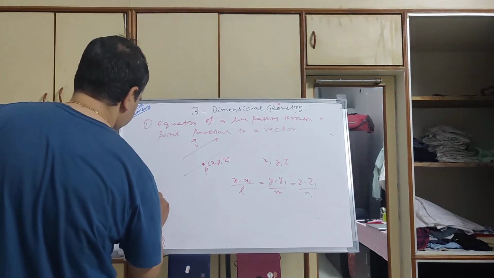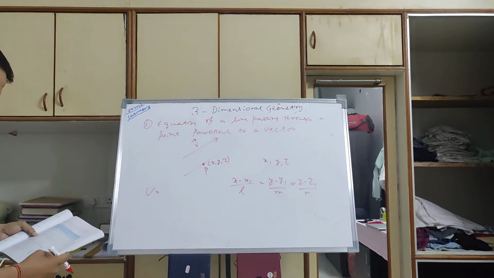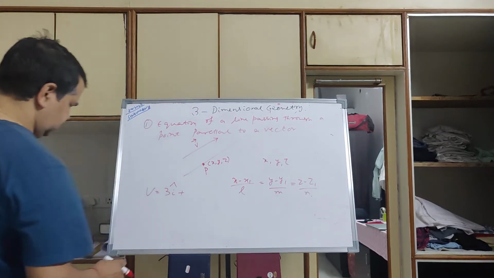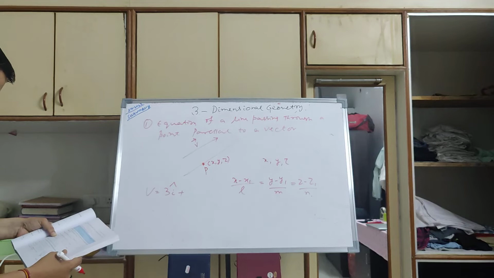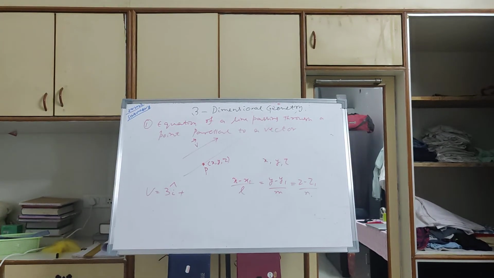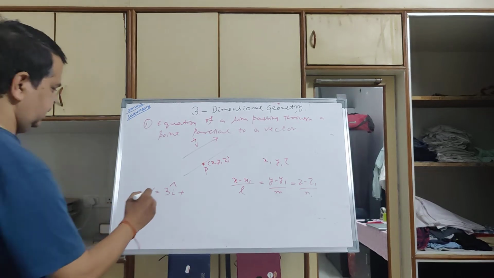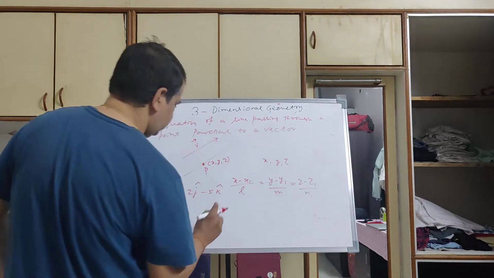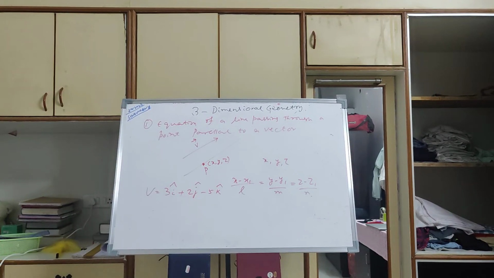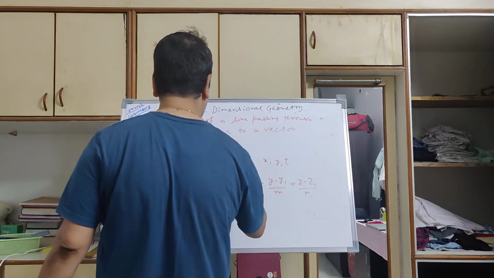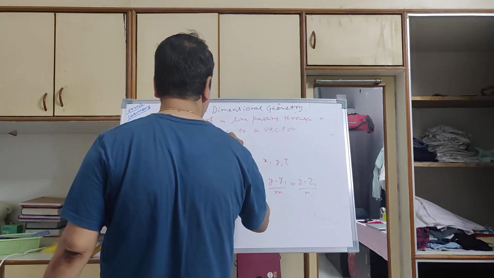Let us say the vector v is 3i plus 2j minus 5k.